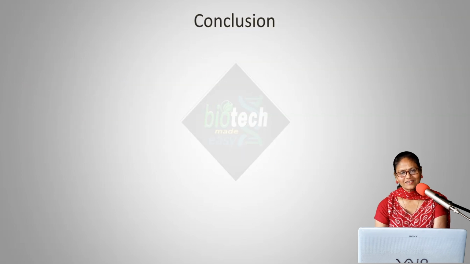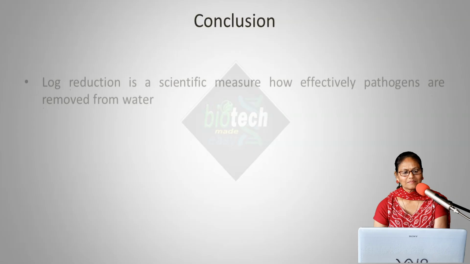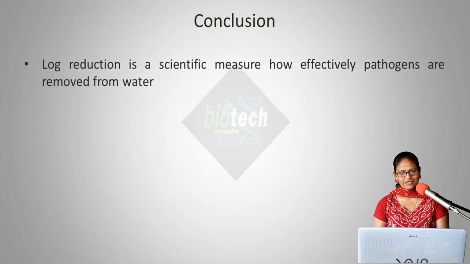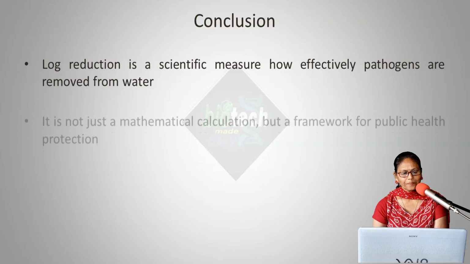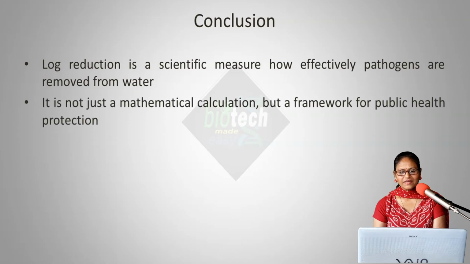Now, let's see how we conclude it. Log reduction is a scientific measure, as we have already discussed, of how effectively pathogens are removed from the water. If pathogens, microorganisms or viruses are present, how effectively they are removed, that is the log reduction. And it is not just a mathematical calculation, but a framework for public health protection.